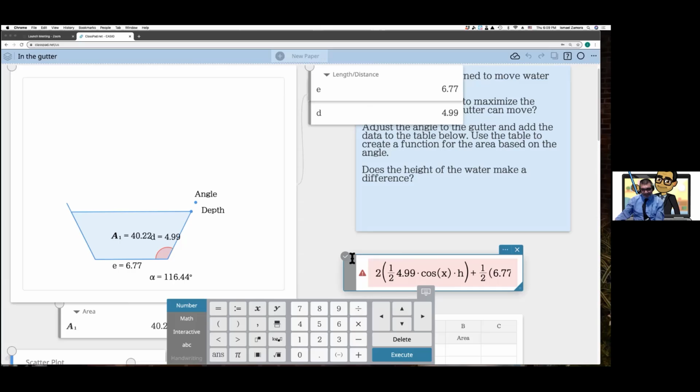So 4.99 cosine times the height, which I already said is 4.99, times the sine of x again. And I'm going to put a multiply in here just to be safe. Let me expand this out.